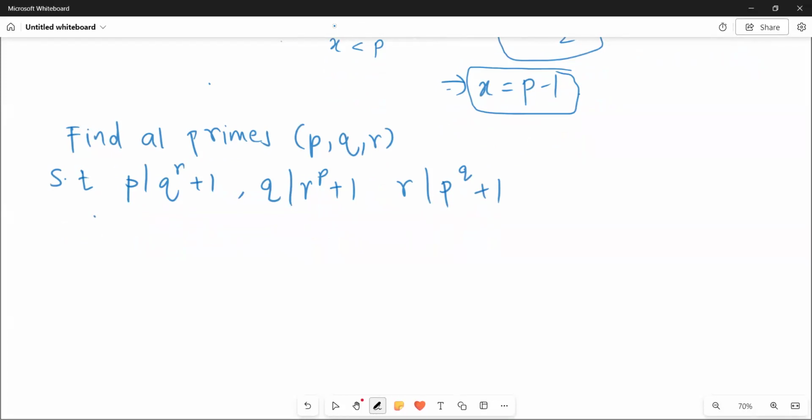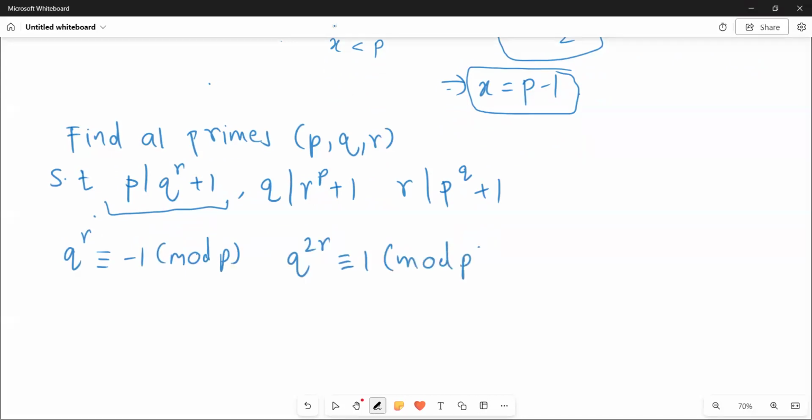Let's look at this first. Let's say q to the power r is congruent to minus 1 mod p. And this also means q to the power 2r is congruent to 1 mod p. Now, what can you say about the order of q with respect to p?